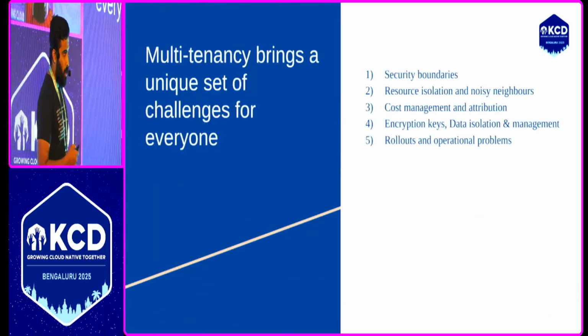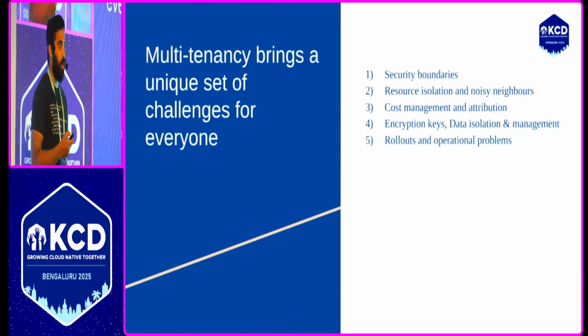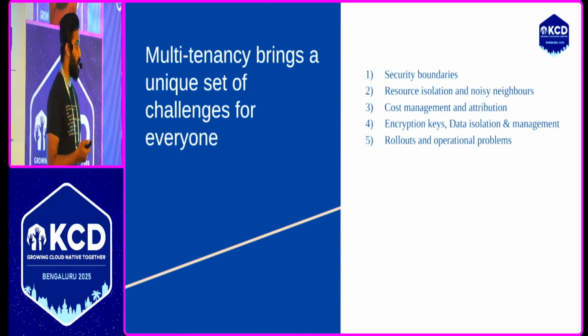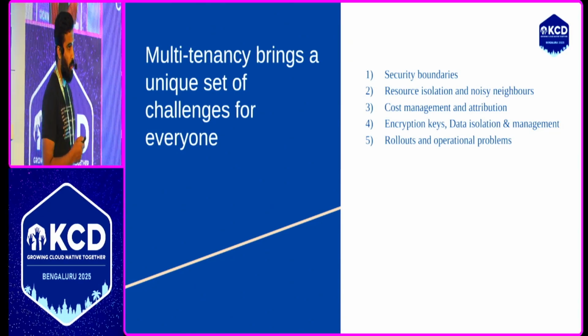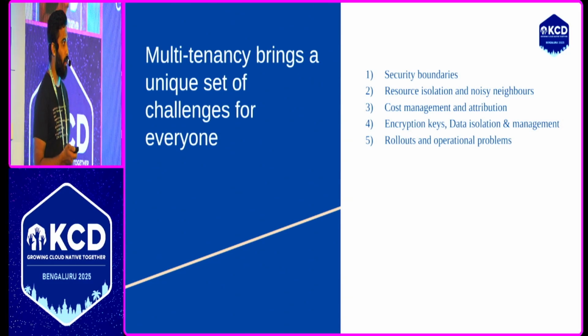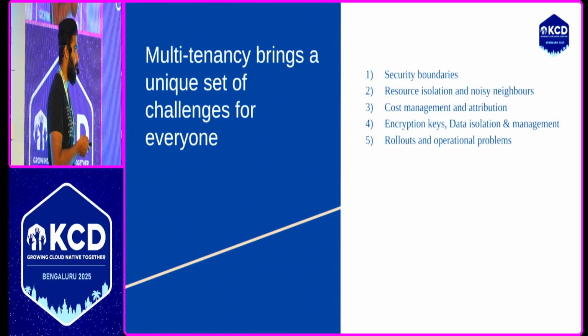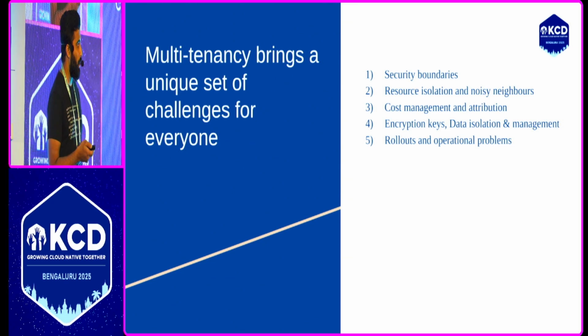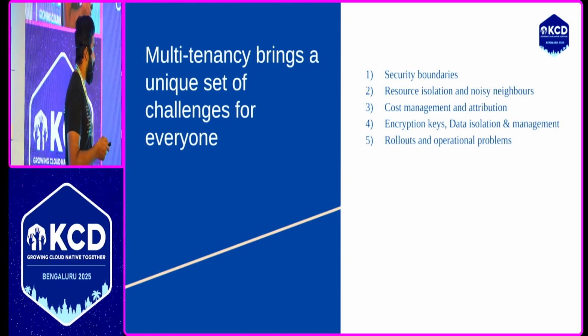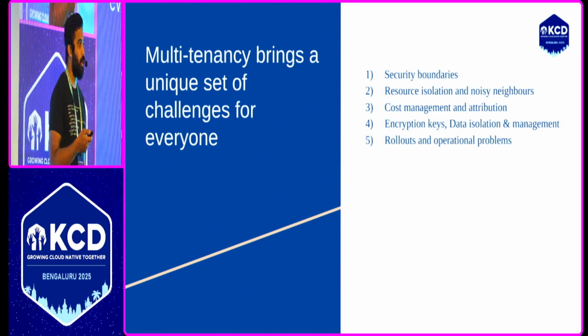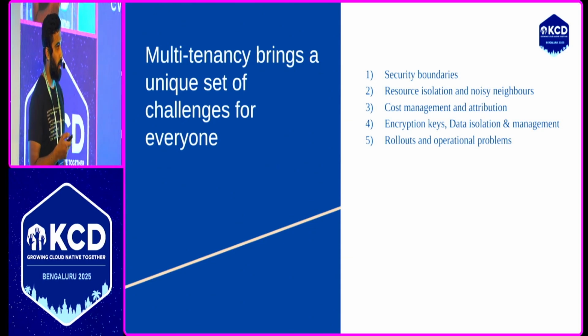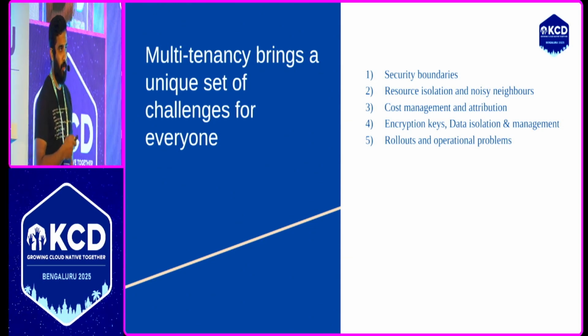But implementing multi-tenancy comes with its own set of challenges. That is, how do you ensure one tenant does not access data from another tenant? There should be security for the data that is stored amongst the various tenants, and it should also ensure that if one tenant has higher traffic than expected, that should not affect another tenant.